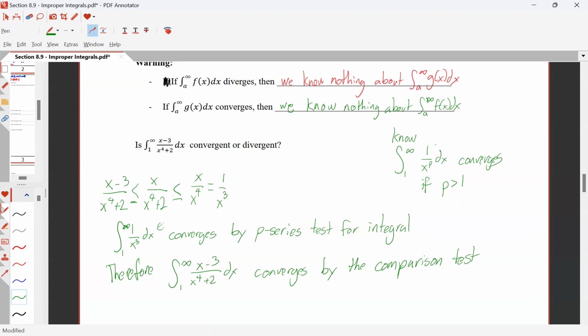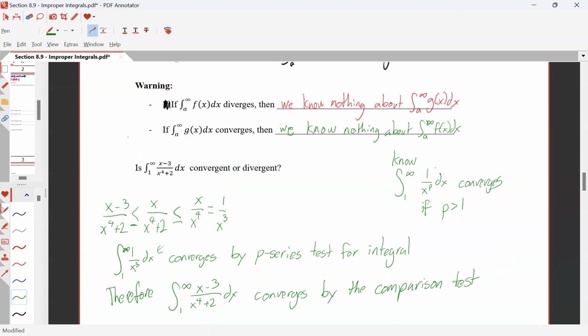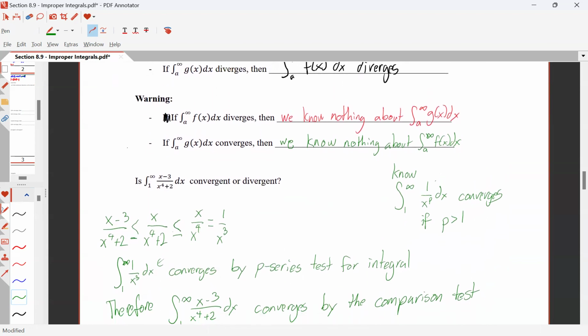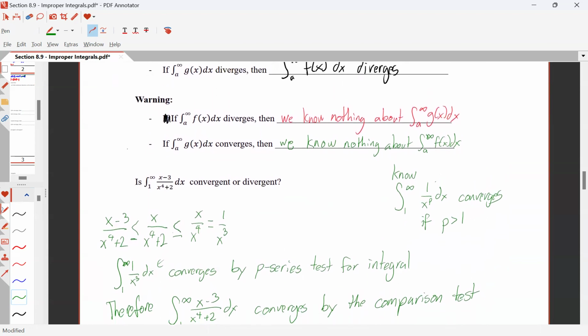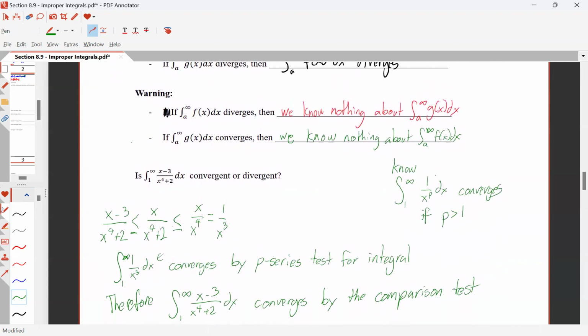So we have the integral test, or the p-series test for integrals, showing us there is convergence of this integral.